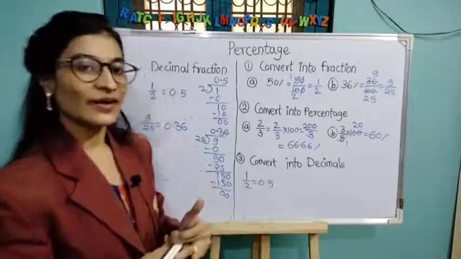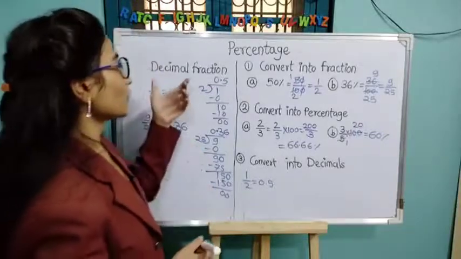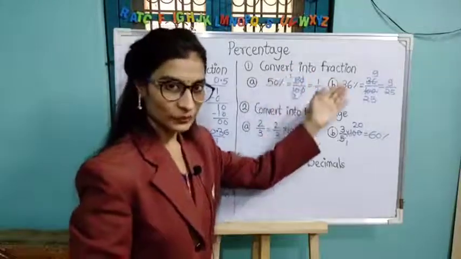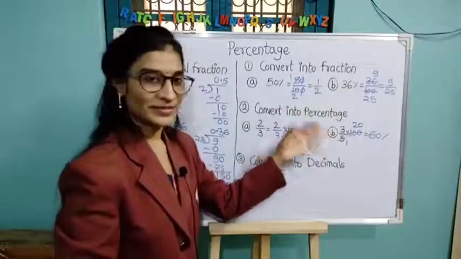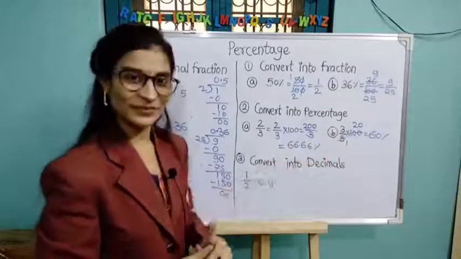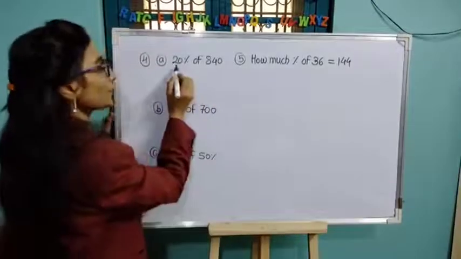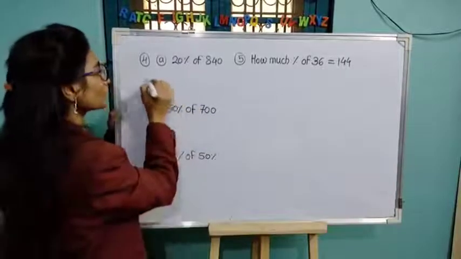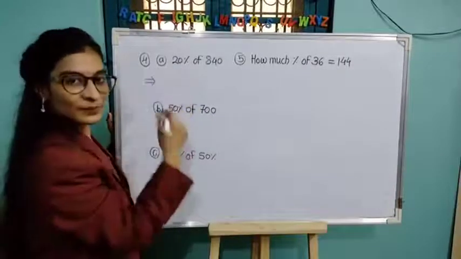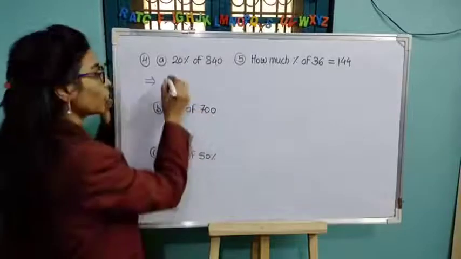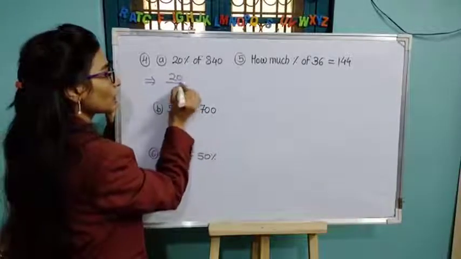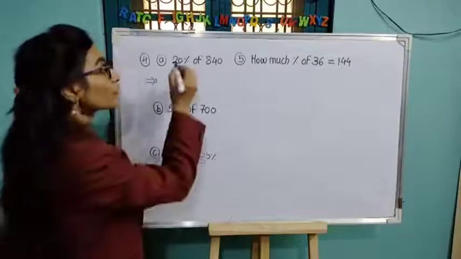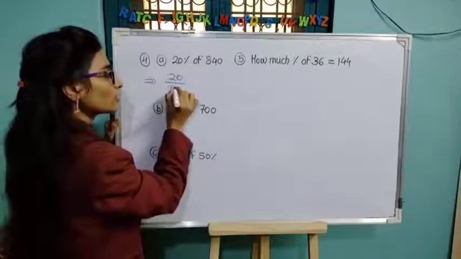Okay, so in this way you can easily find out a decimal fraction, or you can convert percentage into fraction, fraction into percentage, or into the form of decimal. So here in this example, we have to find out 20% of 840. Okay, how to find it? So here 20% means what? 20 upon 100. Any quantity given to you in the form of percentage, we have to write as 20 upon 100.